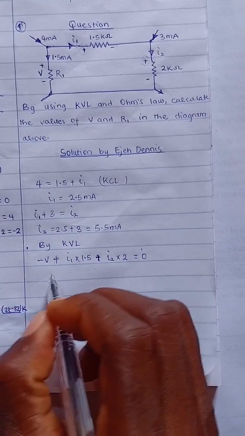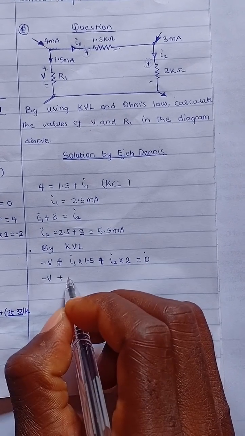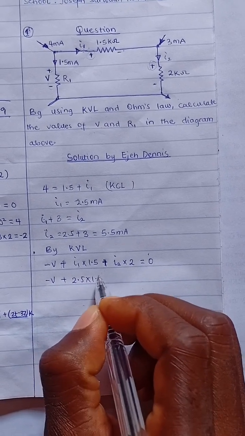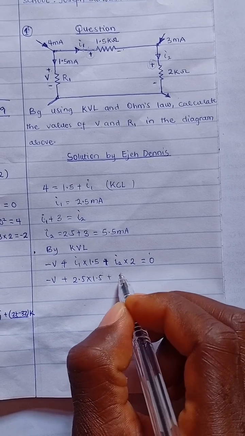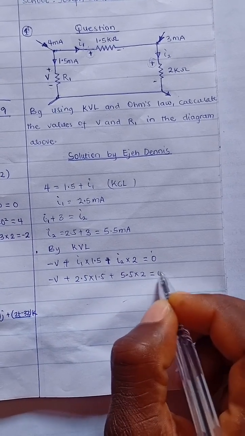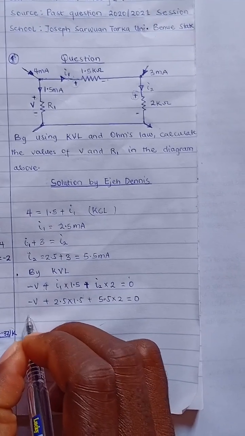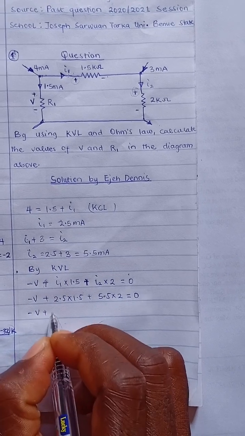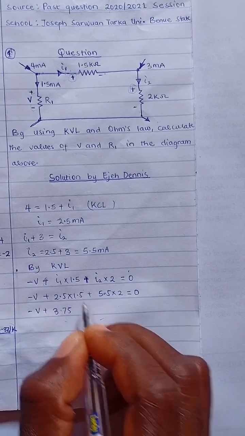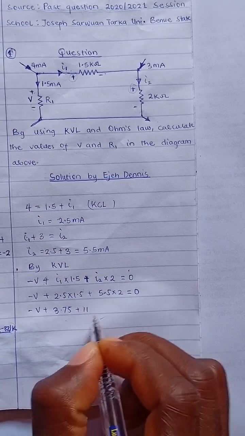So this is a statement of Kirchhoff's voltage law. That will be minus V plus, what is the value of I1? I1 is 2.5 multiplied by 1.5, plus, what's the value of I2? That's 5.5 multiplied by 2. Everything here equals 0. If we simplify, this is going to be minus V plus 3.75, and 5.5 times 2 gives 11.